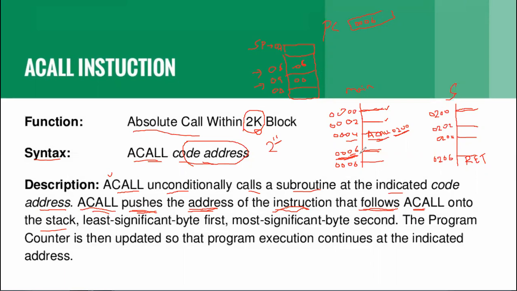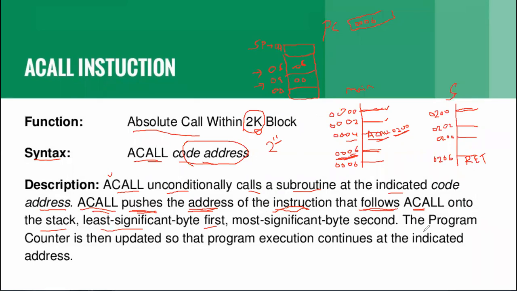So this return address has now been stored into the stack memory. That is done automatically by this ACALL instruction. Least significant byte first, that is LSB. So 06 will be first and the most significant byte second. So again it will be incremented, and 00 will be stored into 09.